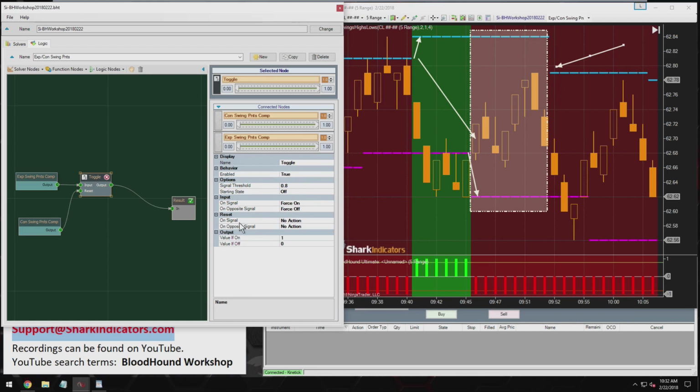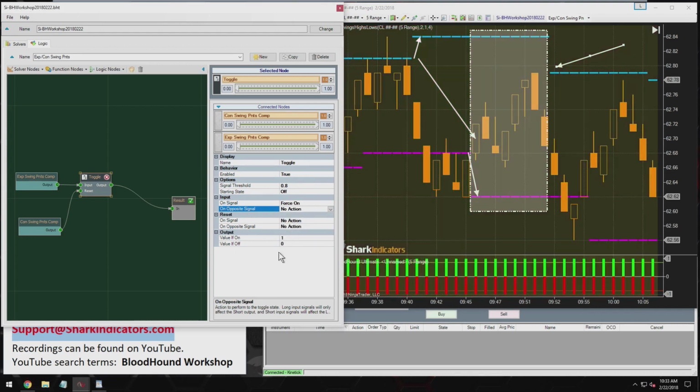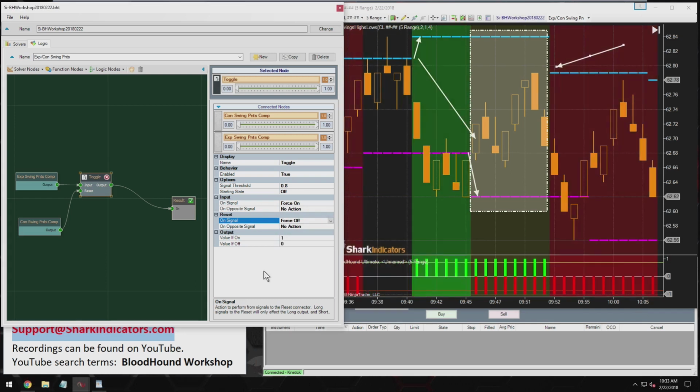Actually, before I get there, the opposite signal needs to get turned off or set to no action. And instead, we're going to use the reset here to turn the toggle node off, like so.